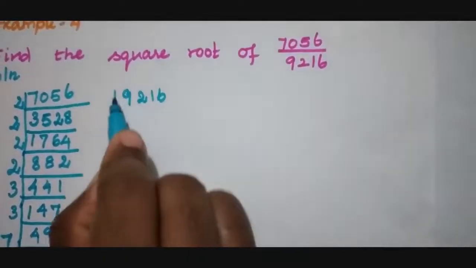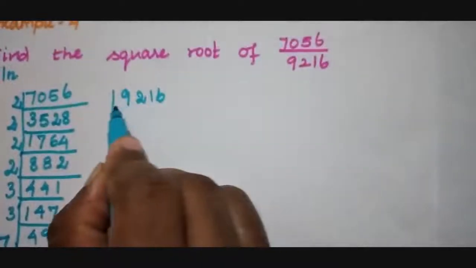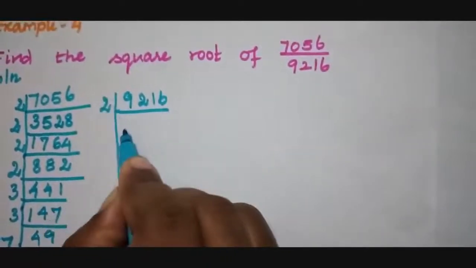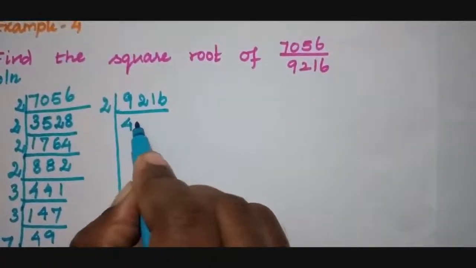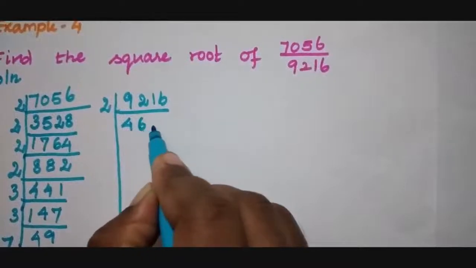9216. Start with 2 tables. 4 2's are 8, remaining 1, 6 2's are 12.